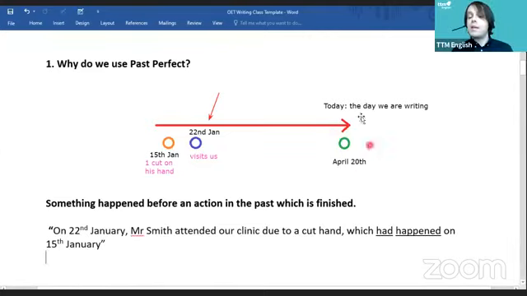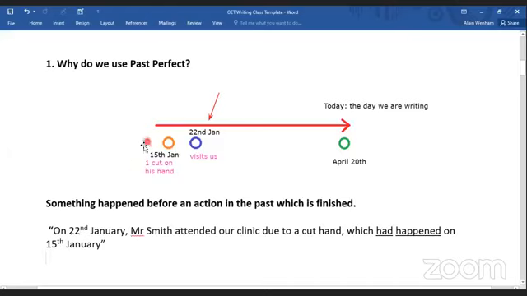I'll say it again. We're writing on this day. We're talking about a visit on this day, but the action happened seven days before. Can we exchange the events when we are using past perfect?